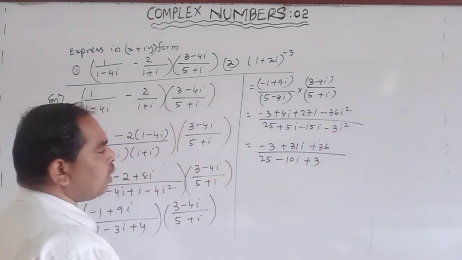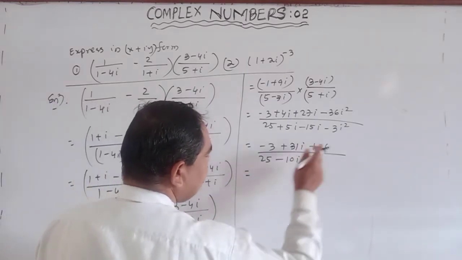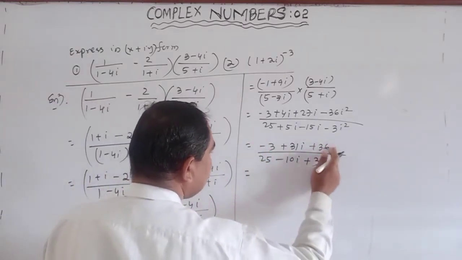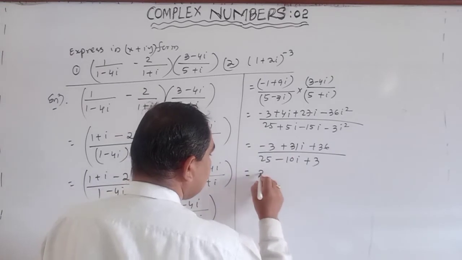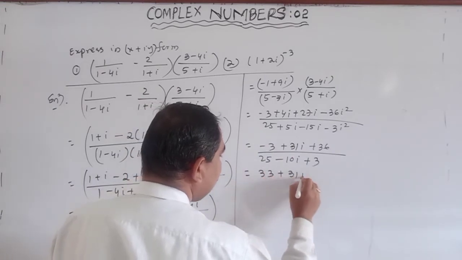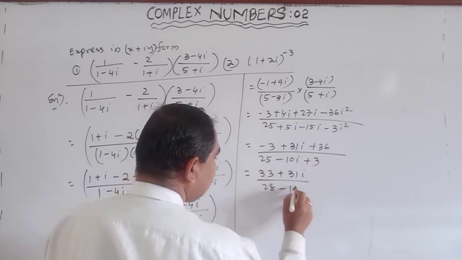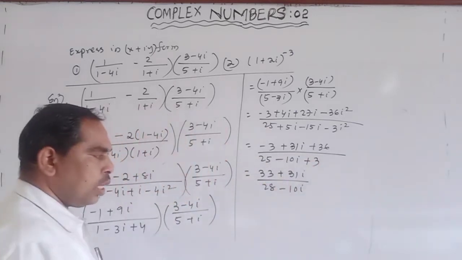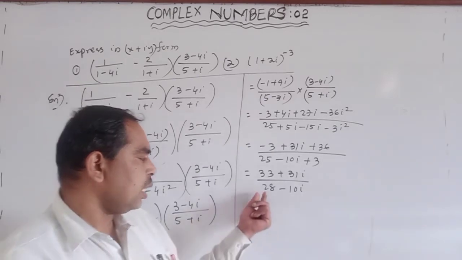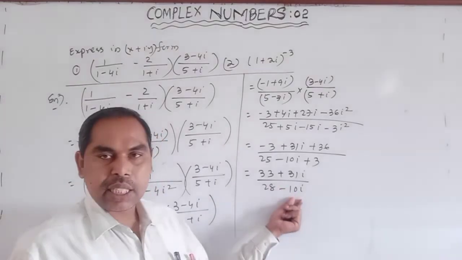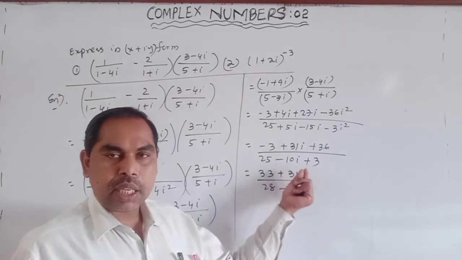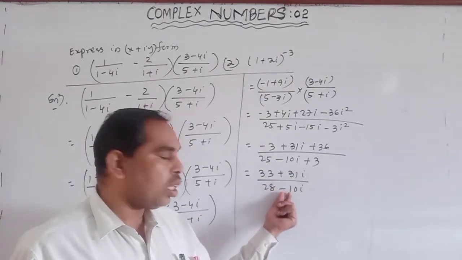So 36 minus 3 means 33, plus 31i, divided by 25 plus 3 is 28, minus 10i. Now the denominator contains 28 minus 10i, so multiply both numerator and denominator by 28 plus 10i.